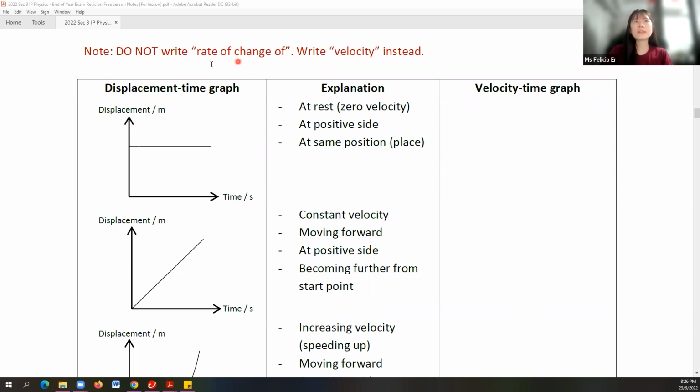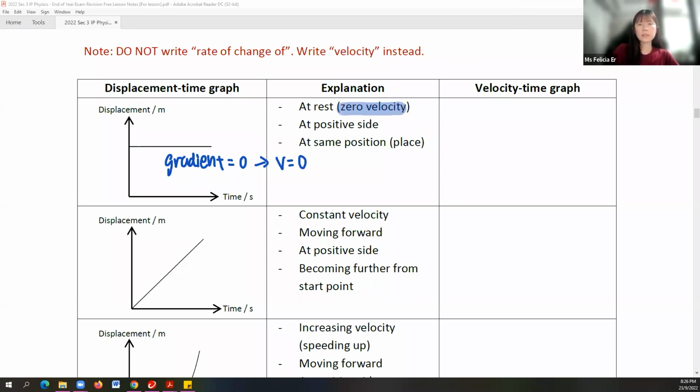Directly tell me, what's the gradient of the displacement-time graph? The gradient is velocity. Directly tell me, the gradient here is 0, right? That means the velocity is 0. You follow me and write it down. For this graph, gradient is 0, that's why velocity is 0. So can you see over here? The object is at rest.